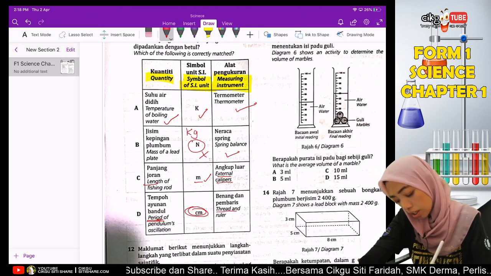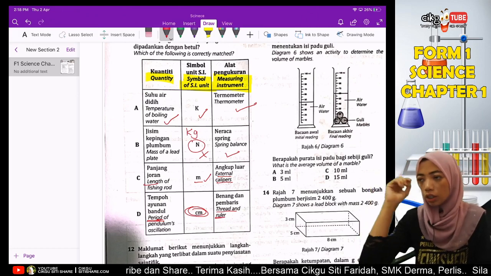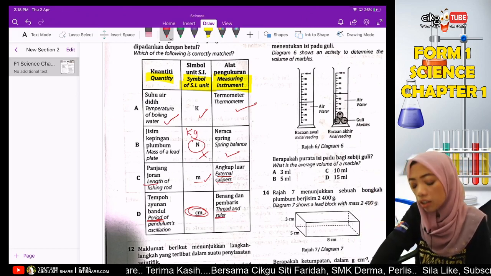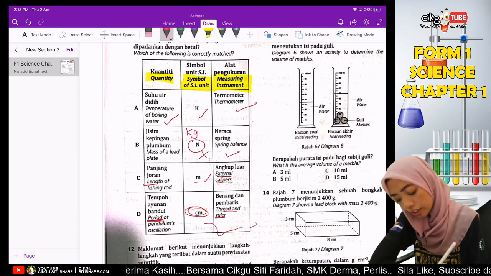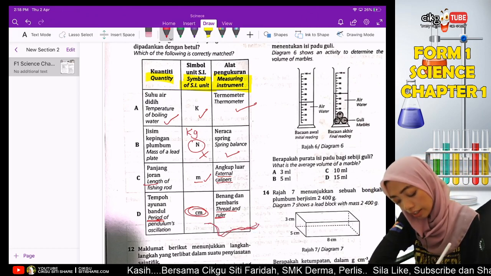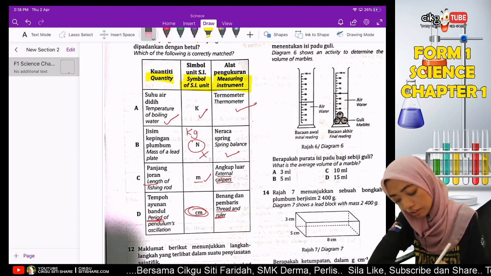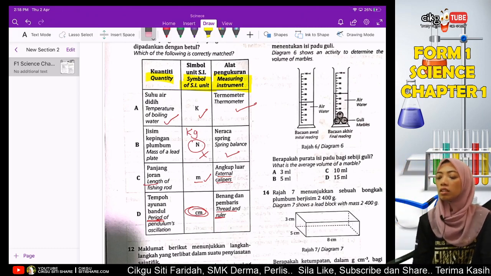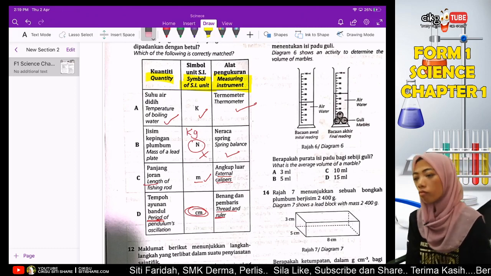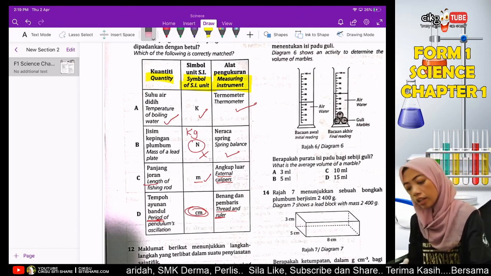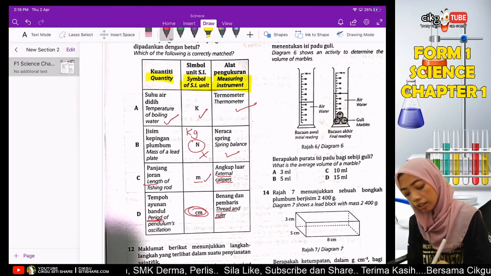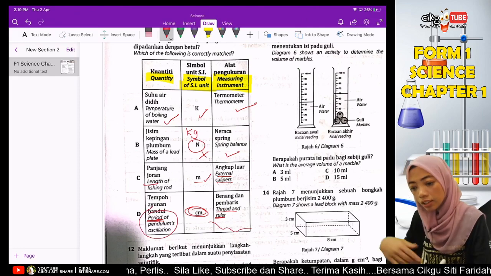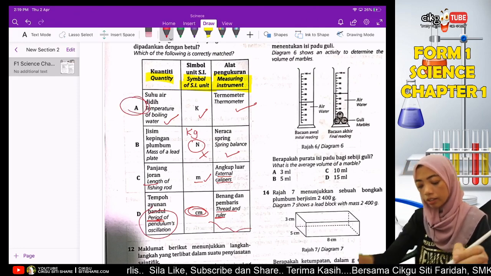No, thread and ruler you use to find the length of irregular length, like a river or a road that is not straight. Okay, so the best answer is A.